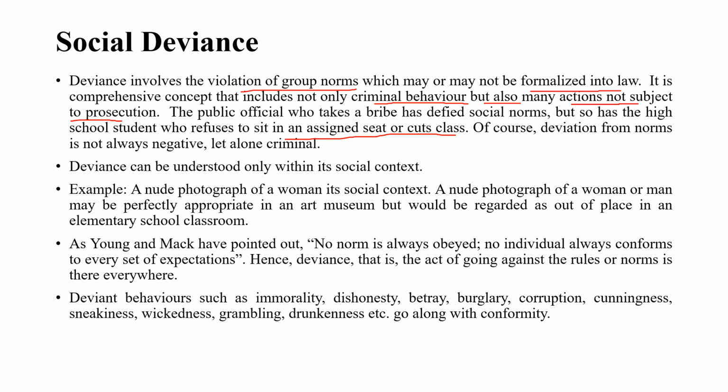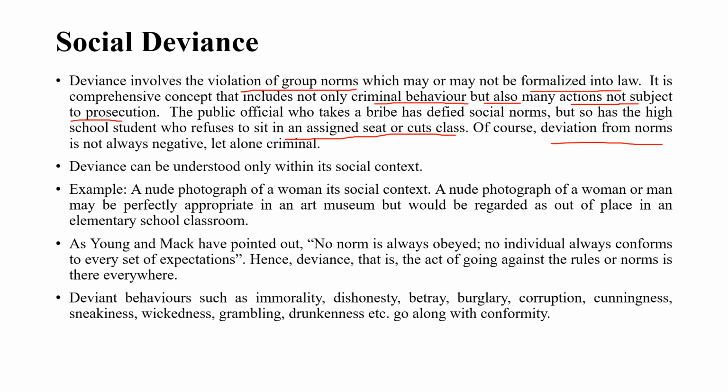Okay, so deviance from norms is not always negative. This is also very important. This is also the other side of deviance. Why? Because there might be social groups which have norms that are not modern enough to be accepted by everyone.